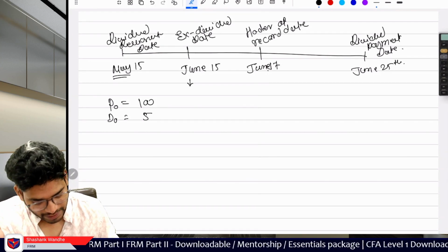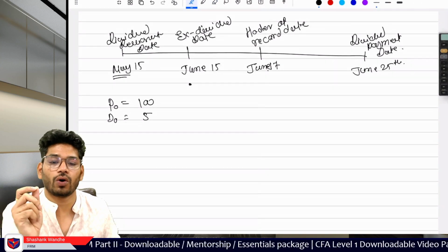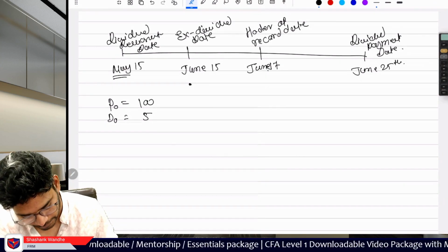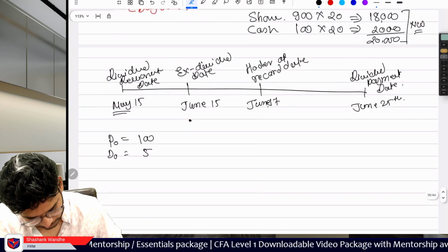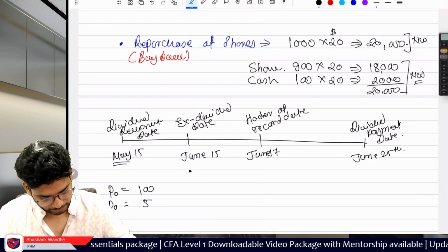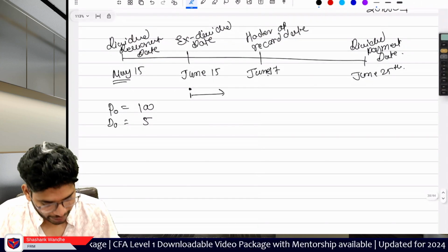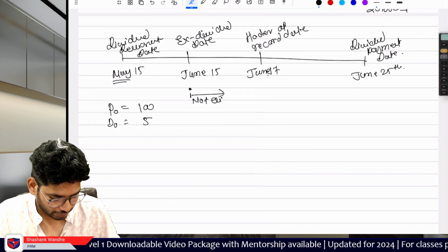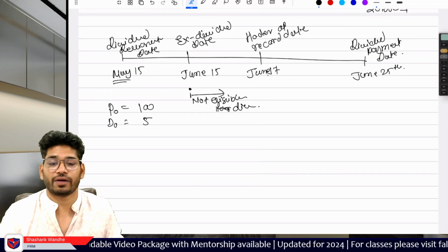Now this is the X dividend date. This means if you hold the share on this date or after this date, you're not eligible for the dividend.